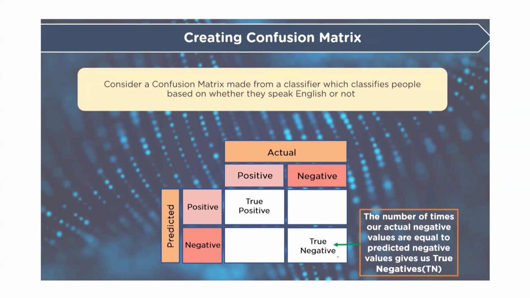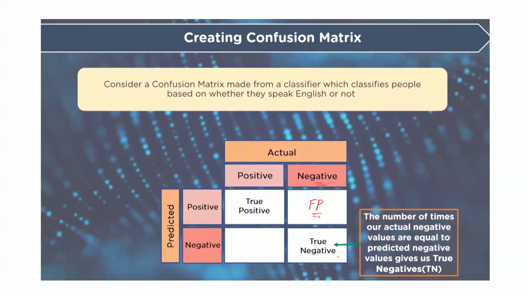There are two more things, that is false positives. What do we mean by false positive? In actual, some people can't speak English, but our classifier predicted that they speak English.